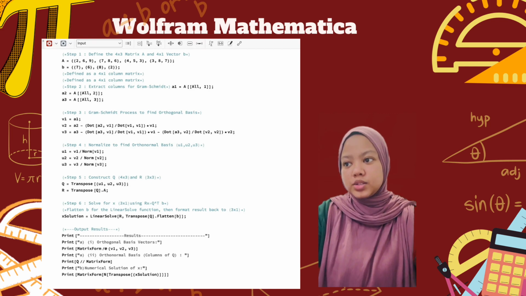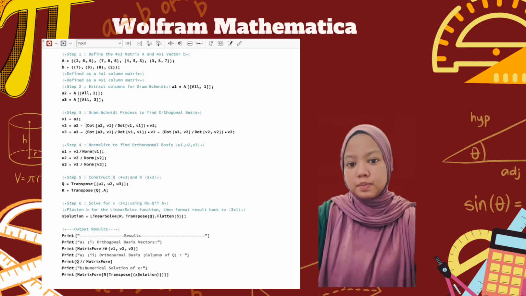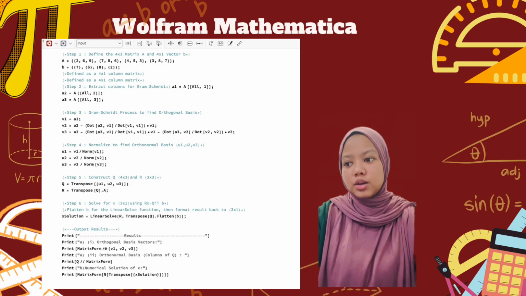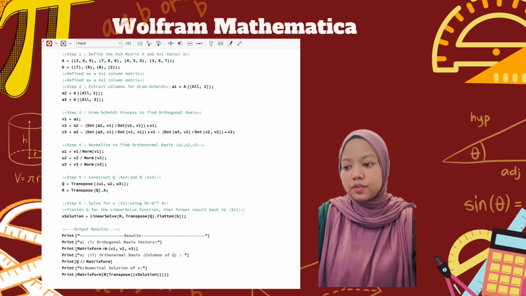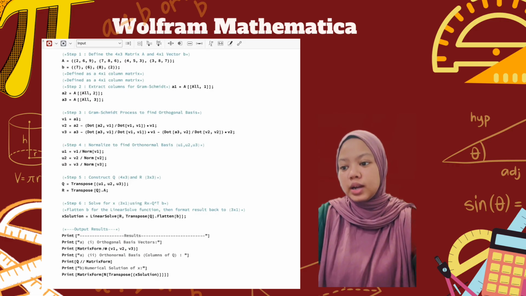For the second step, we have to extract columns for Gram-Schmidt, which is A1, A2, and A3. For the third step, we use the Gram-Schmidt process to find the orthogonal basis, and then we use the same process to find the orthonormal basis. For the last step, this is where we use Wolfram Mathematica to solve for x.